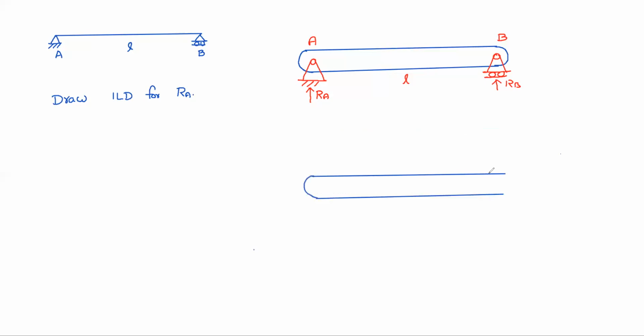See, this is the beam. The constraint will be there at A. So just release this support, okay? After releasing that support, just lift in RA direction. That means you apply some force and lift in RA direction, or otherwise give some unit displacement in RA direction. RA direction means in upward direction. Just give unit displacement. Then what happens? It takes this shape.